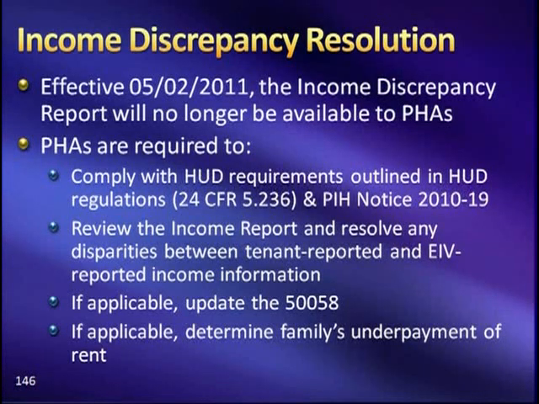I personally and professionally believe that you all are wasting your time with the income discrepancy report, because instead of focusing on what is the issue at heart, which is identifying the income that may not have been reported, you all are trying to back into the numbers on that report. So guess what? As of today, you can no longer try and back into those numbers because I've taken that report away.